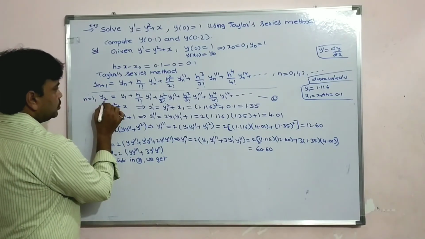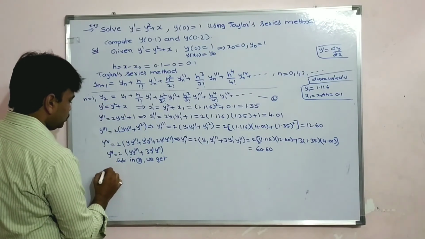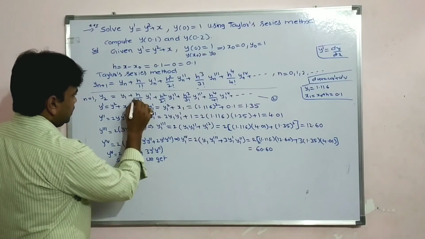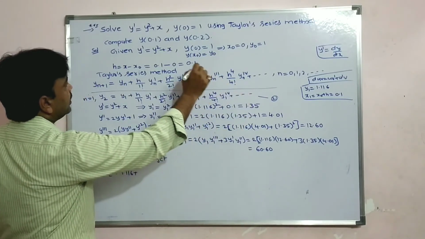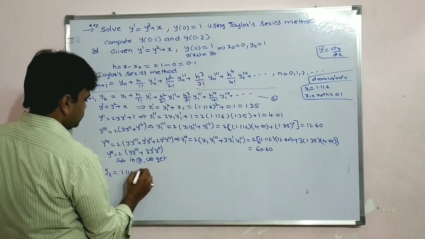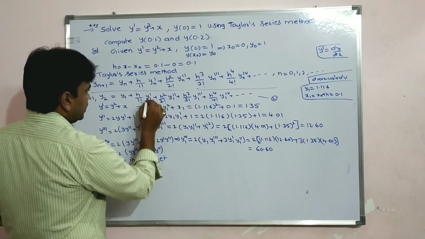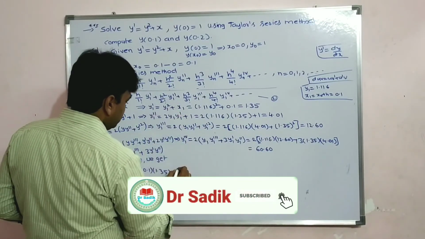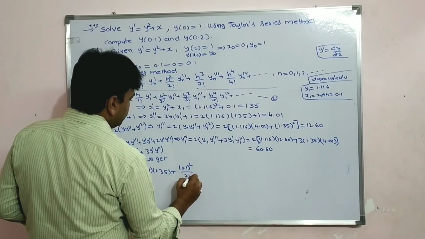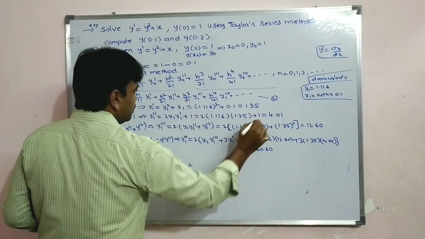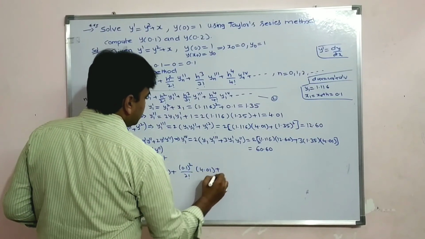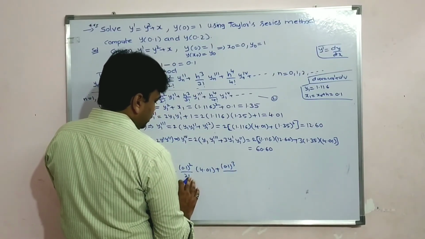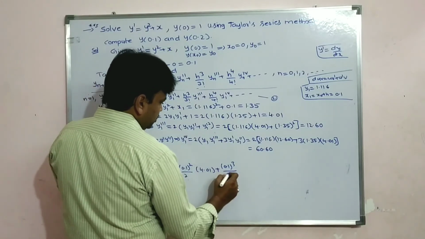So y2 that is equal to y1 students. Y1 is 1.116 plus h student. What is h? H is 0.1. So 0.1 y1 dash 1.35 plus h square by 2 factorial, that means 0.1 whole square by 2 factorial y1 double dash 4.01 plus, now this time students 0.1 whole cube by 3 factorial students, 3 factorial 3 into 2 6.